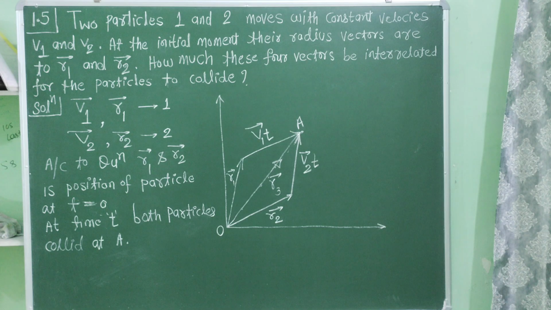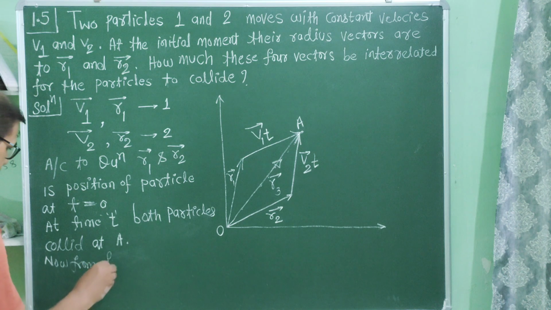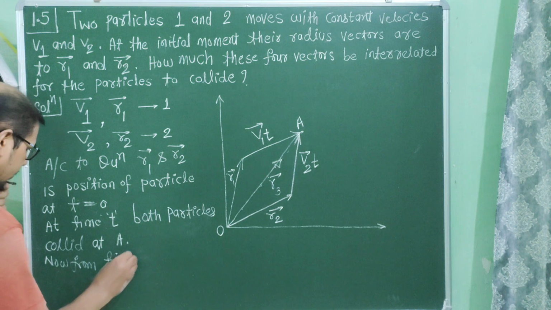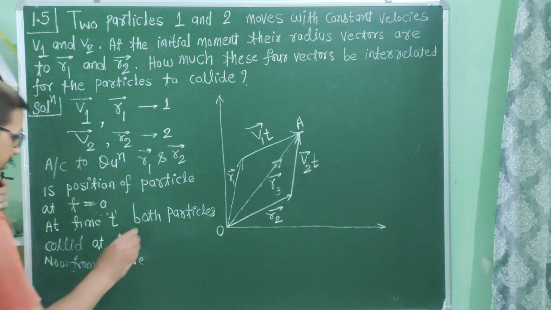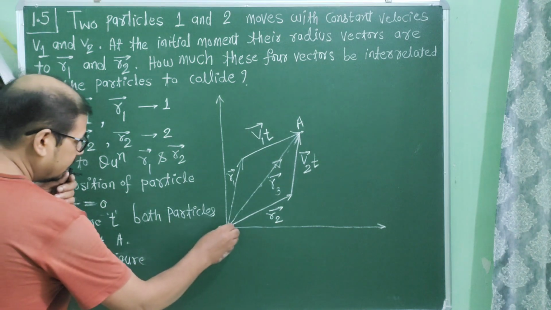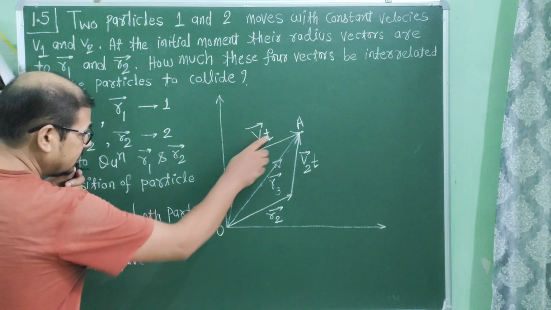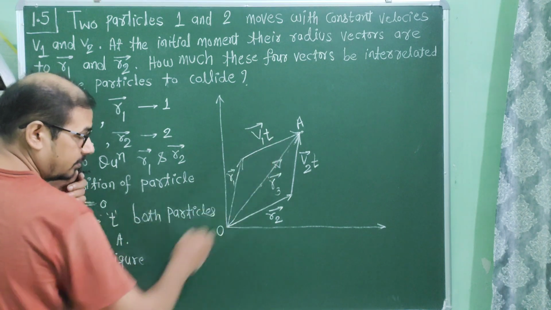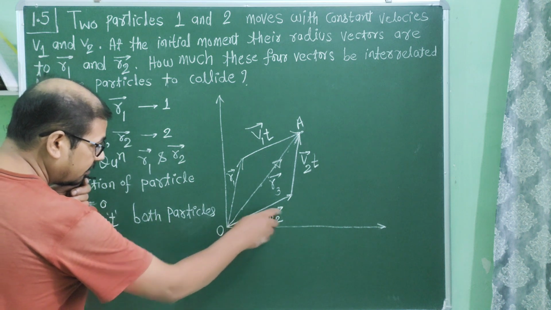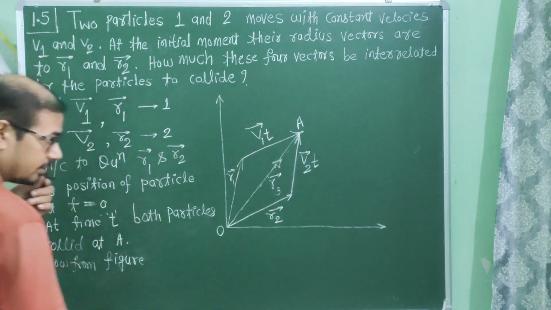Clear? Okay. Now from the figure, this vector plus this vector equals this vector. And again, this vector plus this vector equals this vector.